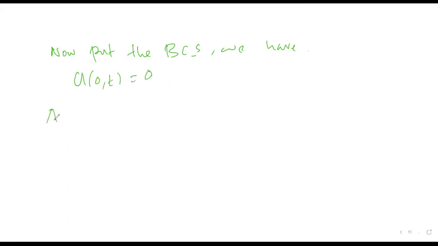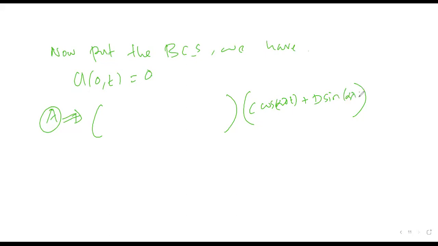In that case, A will be changed. For x, you have to put 0. In equation A, the first part is the x part. The next part doesn't matter because it depends on t, so it stays as c cos alpha lambda t plus d sine alpha lambda t, equal to 0.